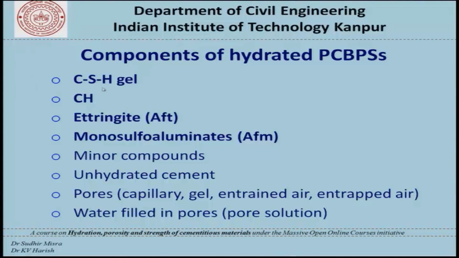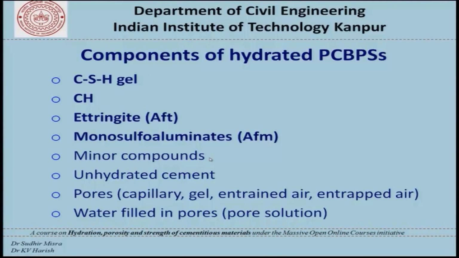Remember that calcium silicate hydrate gel and calcium hydroxide primarily come from the hydration of calcium silicates, that is tricalcium silicate and dicalcium silicate. The third one is ettringite and the fourth one is monosulfoaluminate, AFm, and remember that ettringite and monosulfoaluminate are hydrated products from tricalcium aluminate.